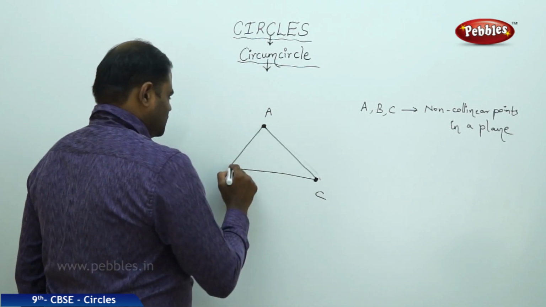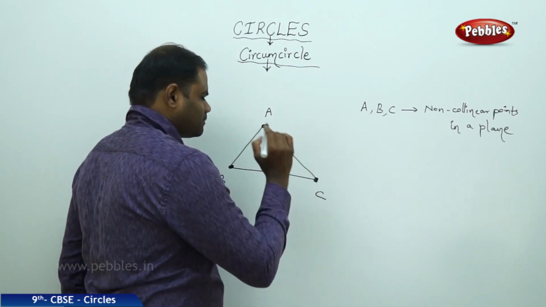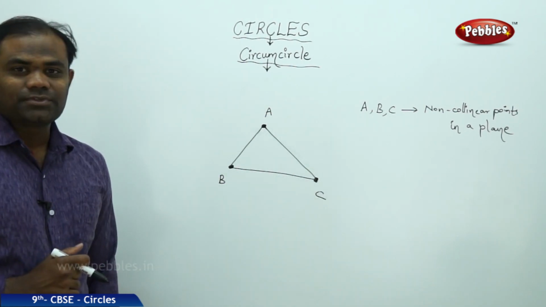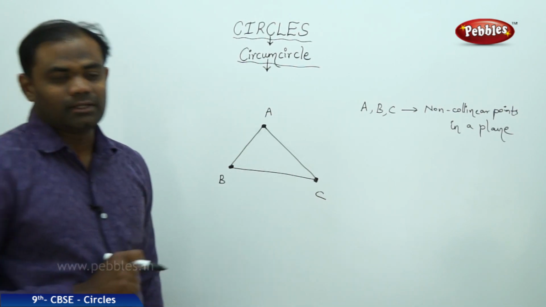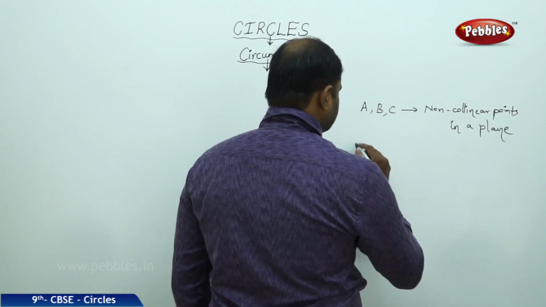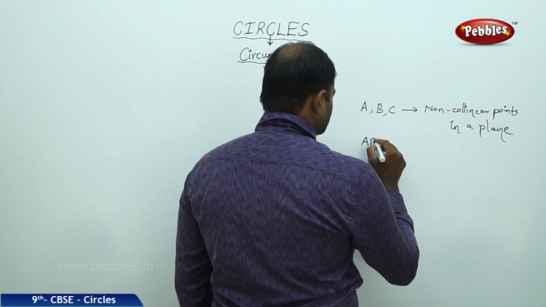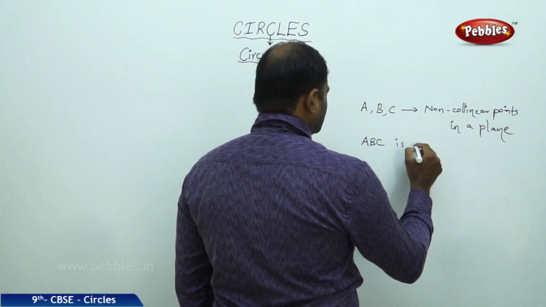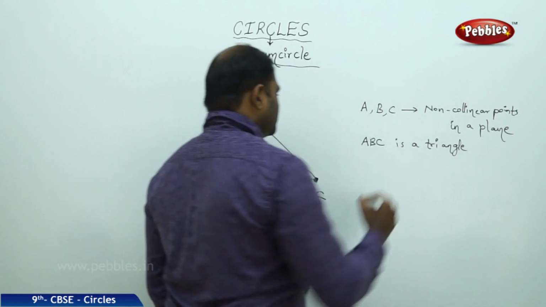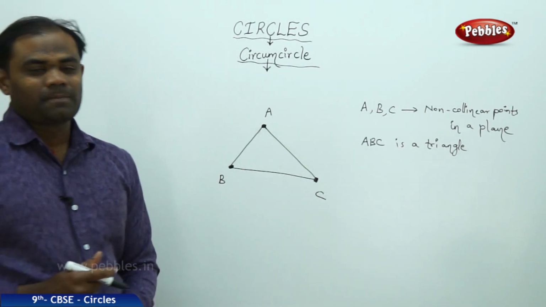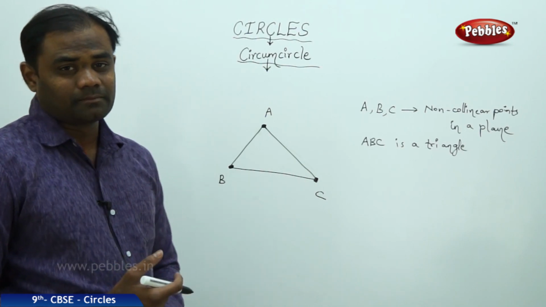Here we get 3 points A, B and C, and these 3 non-collinear points, when I join them, form a triangle ABC. ABC is a triangle when each of its vertices are joined, and we know that A, B, C are the vertices of the triangle.